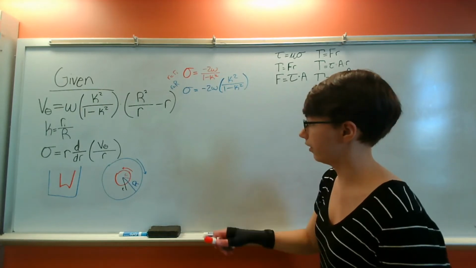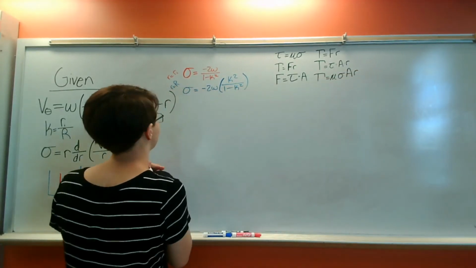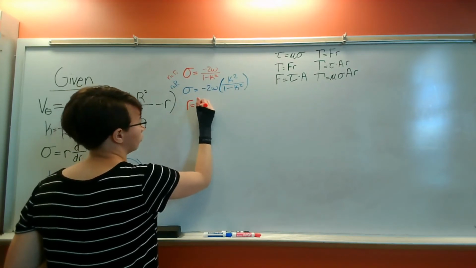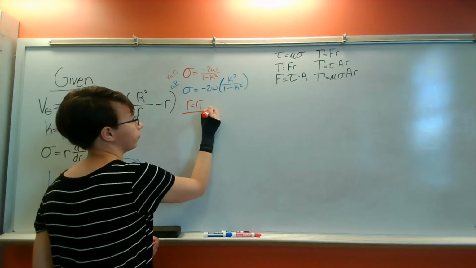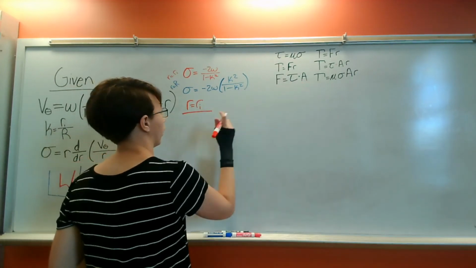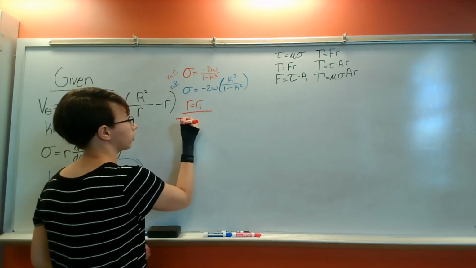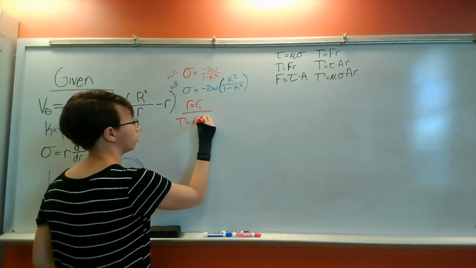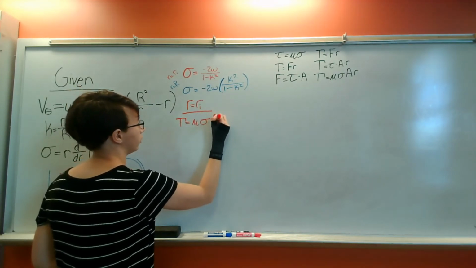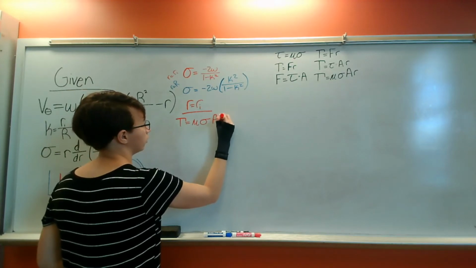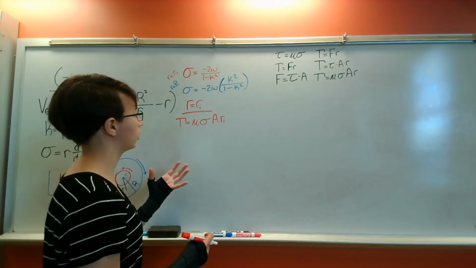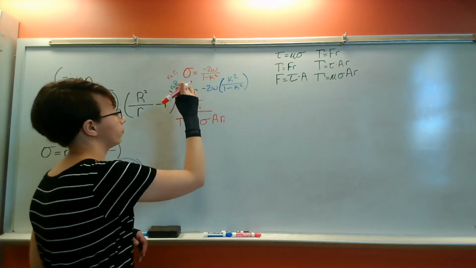So let's start with the inner cylinder. The inner cylinder has R equal to the radius of the inner cylinder. So then we'll have torque is equal to viscosity times shear rate times area times the inner radius. Then we can start plugging things in.